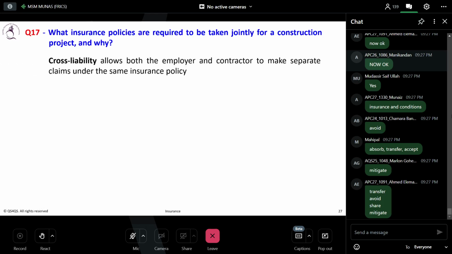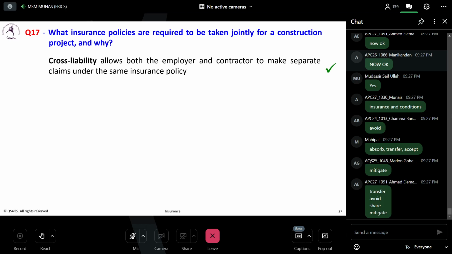Okay, cross liability. So now we should understand what cross liability is before we go to the next one. Cross liability insurance is a type of policy that can be used in construction.